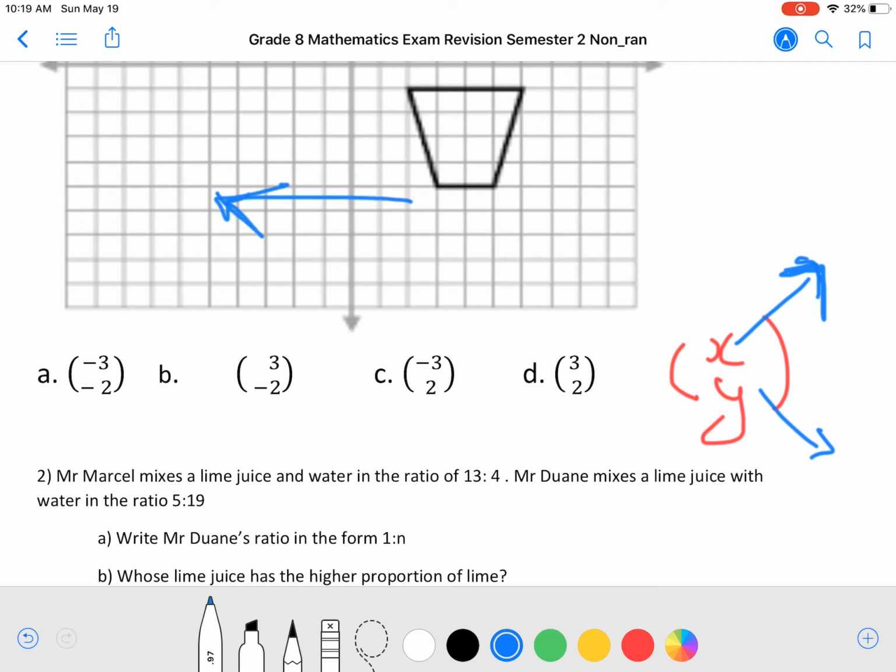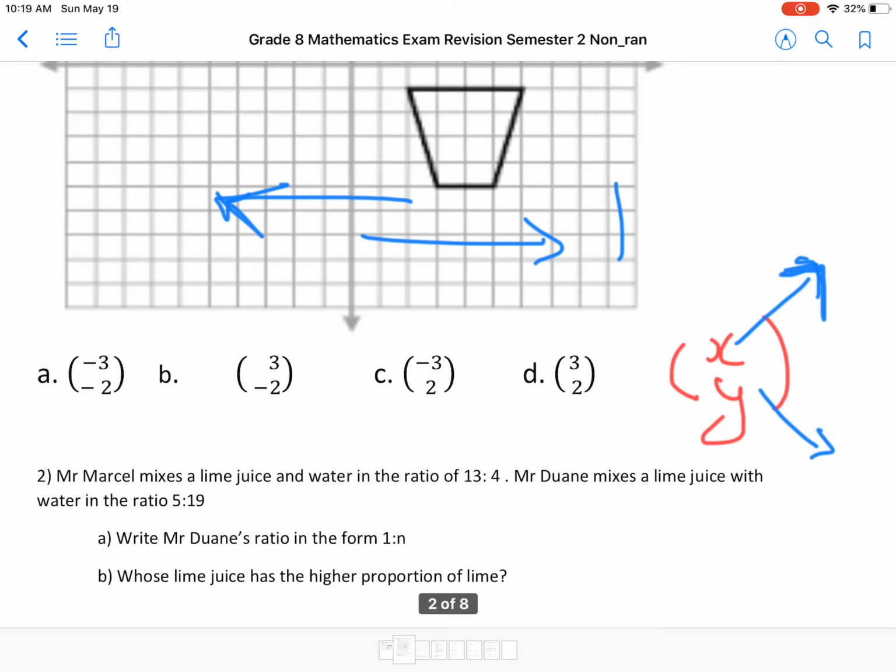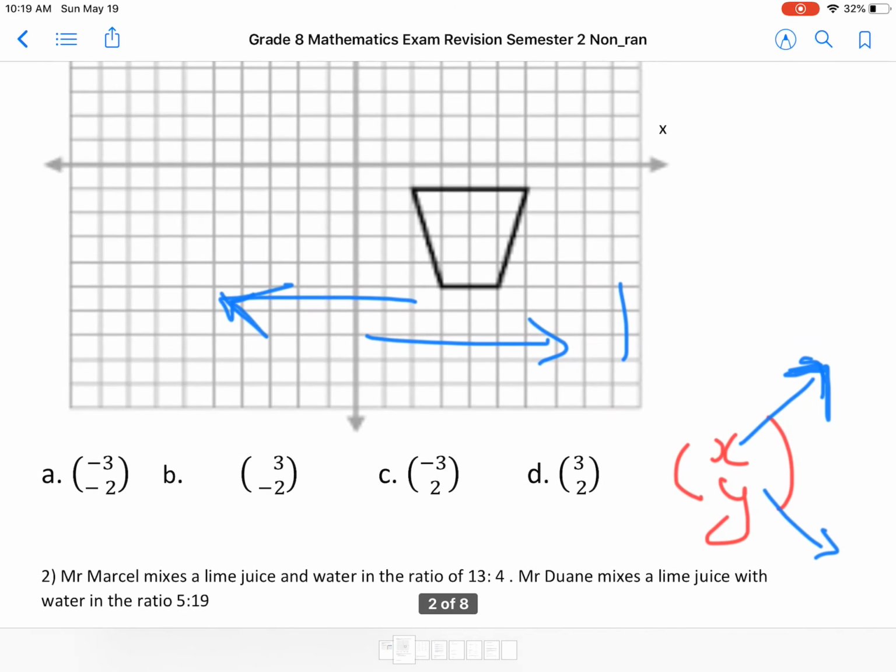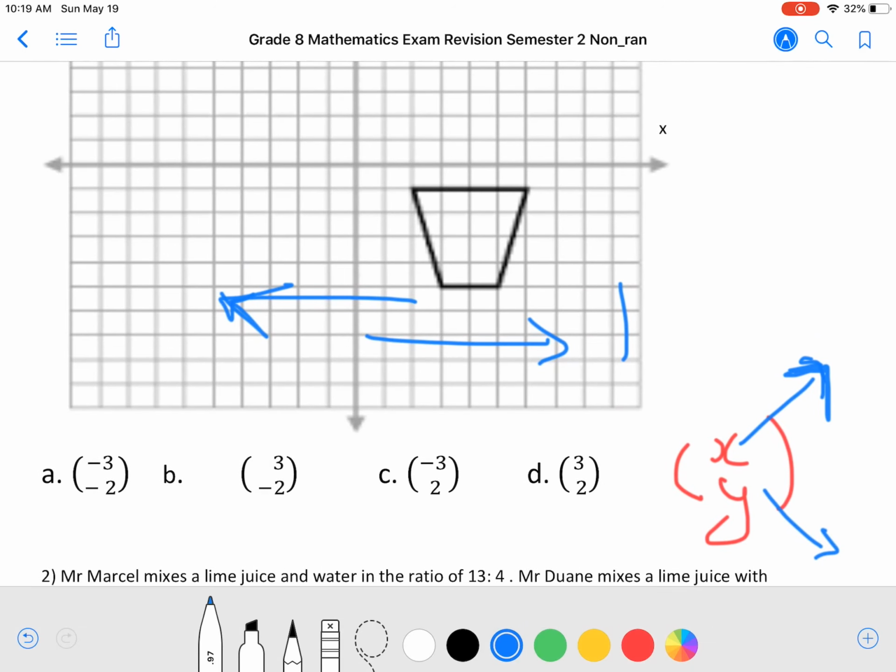And if the translation of the x value is positive, that means we move in the positive direction. As you can see up here, this is the x value, and this is the positive direction and this is the negative direction.